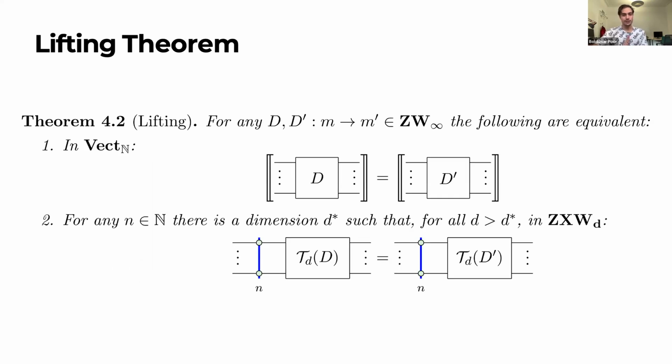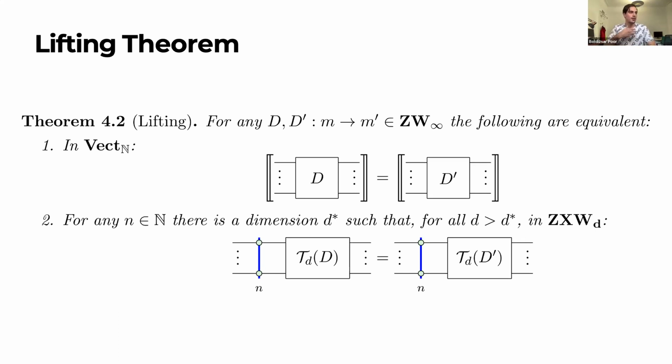And now maybe the most complicated, but the main result of our paper, is the lifting theorem. So here, feel free to ask anything if you feel a bit stuck, because this is a very, very loaded theorem. Even though it's so small, it takes a bit of effort to understand it.